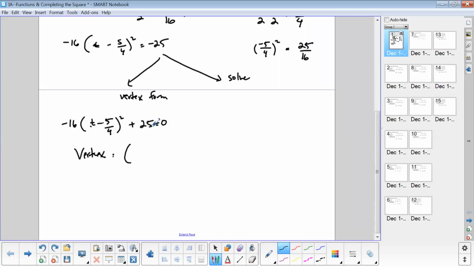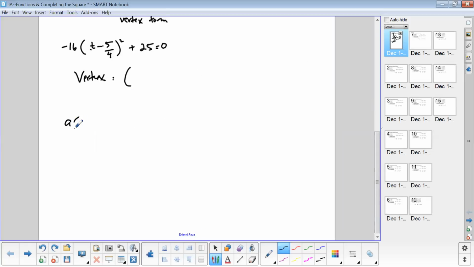So remember, the vertex is in that form a times x minus h quantity squared. Well, h in this case is going to be a positive number. So it's t minus 5 fourths, so that means h was a positive number, and y, or k, was a positive number.